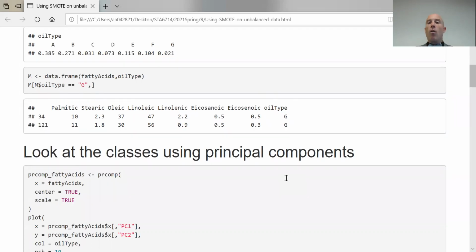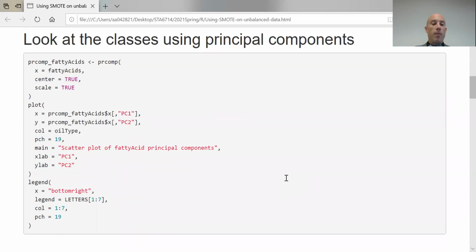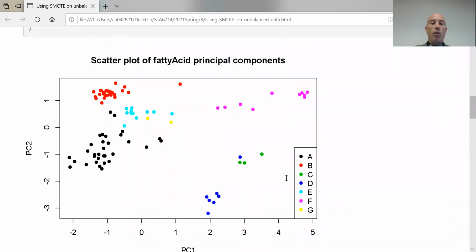All right, here's something I would do if I had the option of binning my data. I would look at the principal components of our predictor variables and use colors to determine the points in the scatter plot. Here's the principal component analysis, the first two principal components of our predictor variables, and I'm coloring them by the level of the target variable.